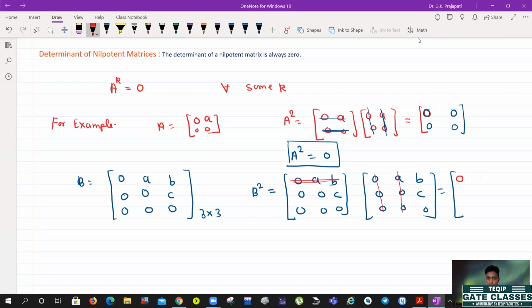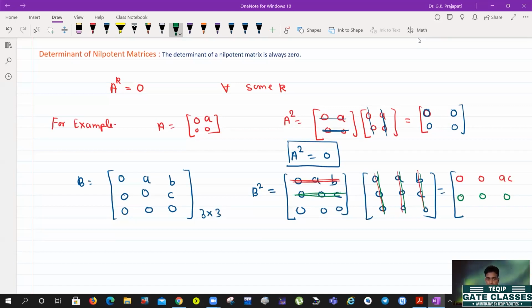First row and third column, this will be ac. Now similarly, second row with first column, this will be 0. Second row with second column, this will again be 0. Second row and third column, this will be 0.